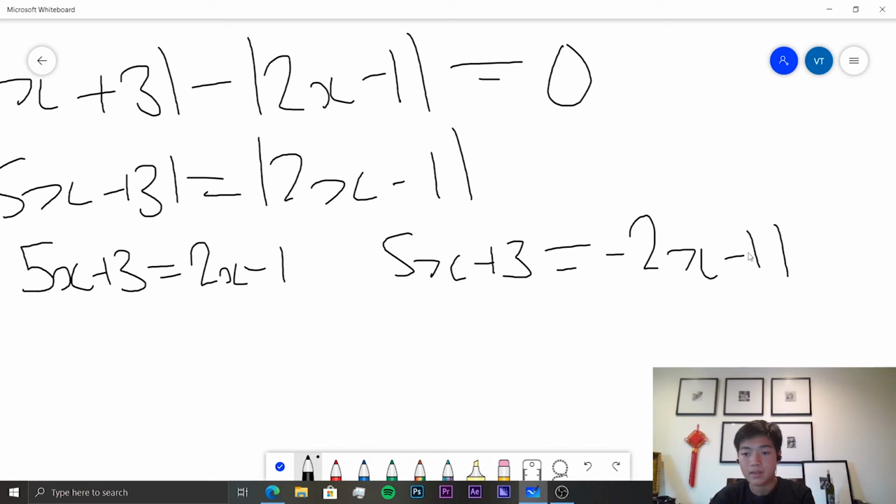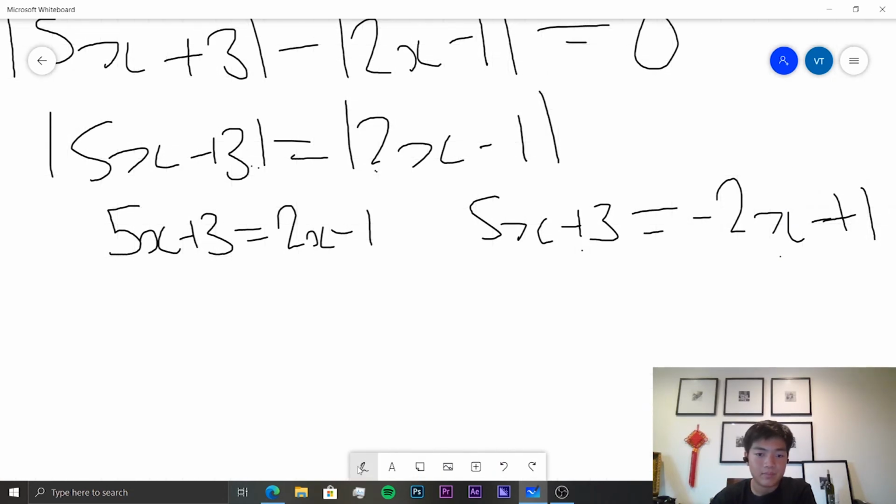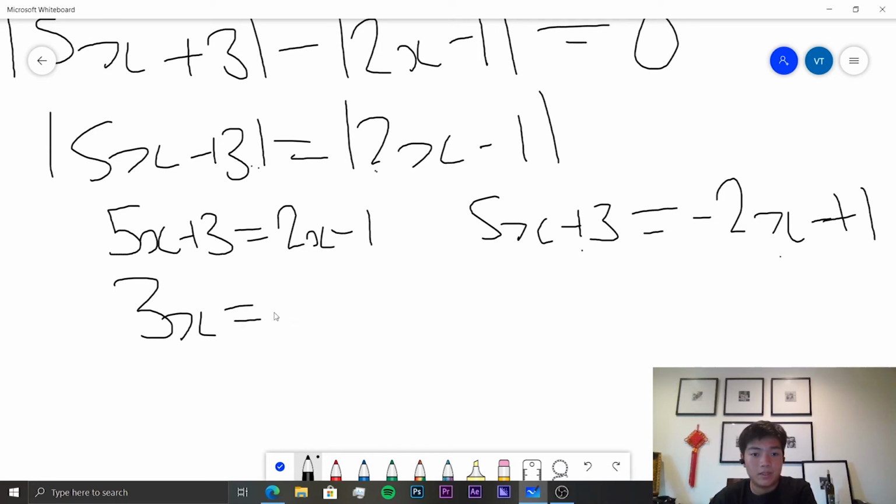And this covers all the cases, so if this is positive and this is positive, then they would be equal. If this is positive and this is negative, then they would be, of course, opposites, and the same for all else. So now we have 5x plus 3 is equal to 2x minus 1, so 3x is equal to negative 4, so x is equal to negative 4/3.